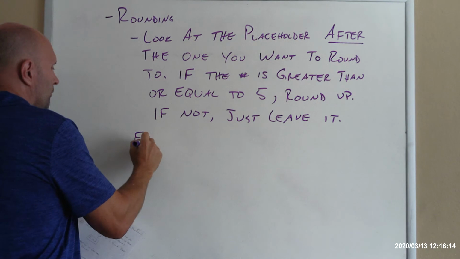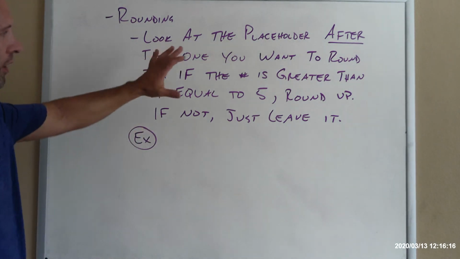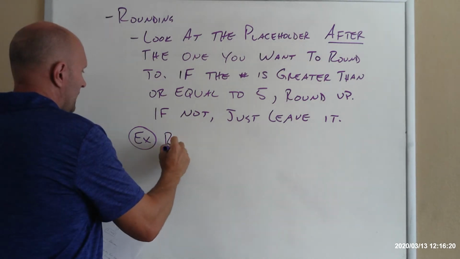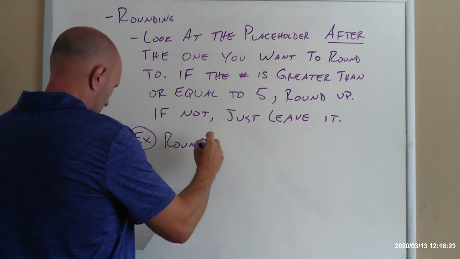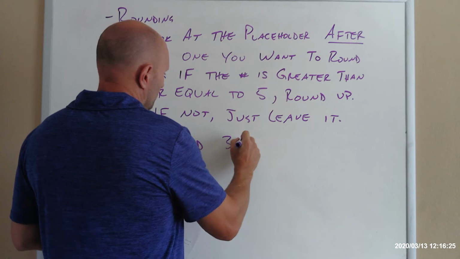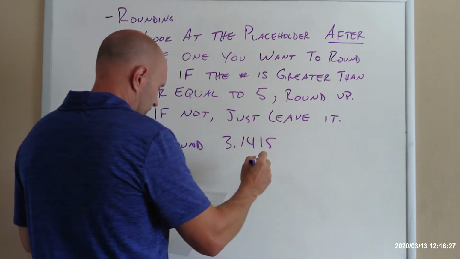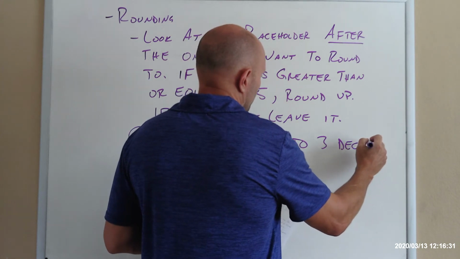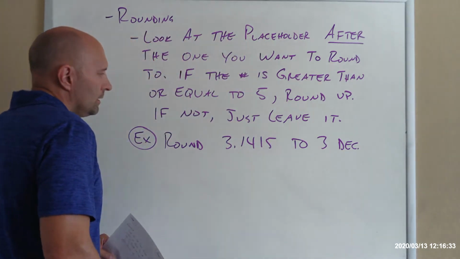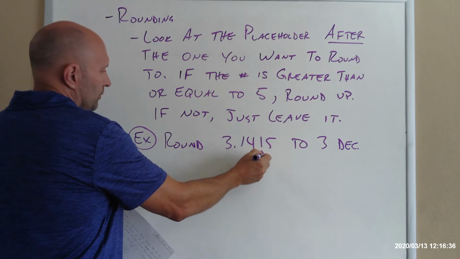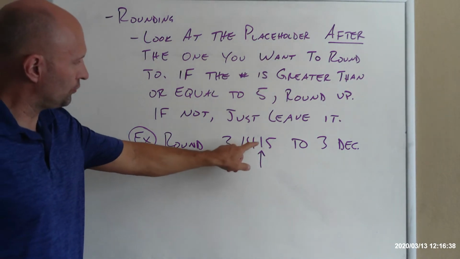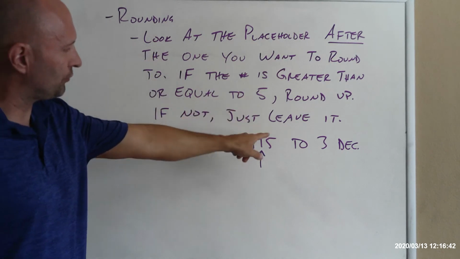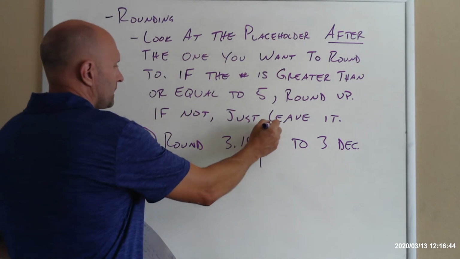So for example, again, if you want to hit pause, if you're catching up on the writing, that's fine. If I want to round 3.1415 to 3 decimal places. So I want to round to 3 decimal places, so that's there, 1, 2, 3. So I'm going to be looking at the place after it, the 4th position.